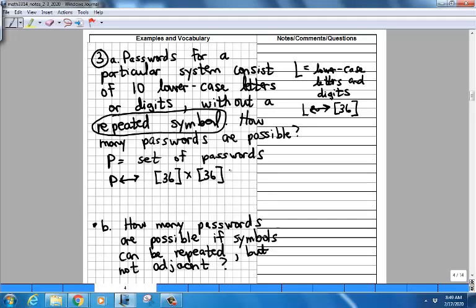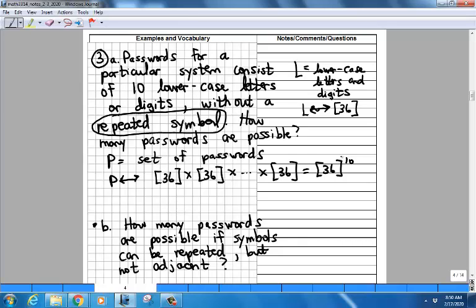We'll use it as a factor 10 times. So we might as well write that as 36 to the 10th power, although that's not really quite correct. But essentially, this cross product where the integer segment 36 appears as a factor 10 times.